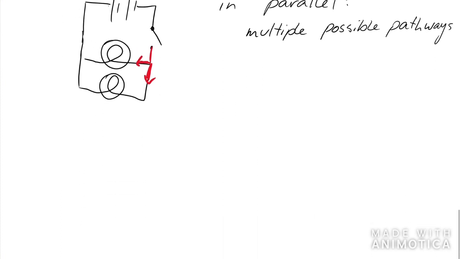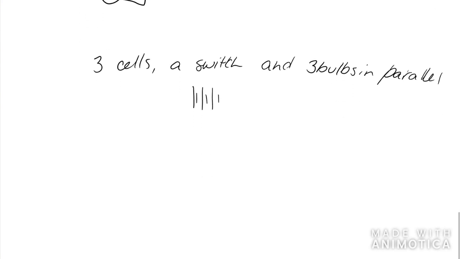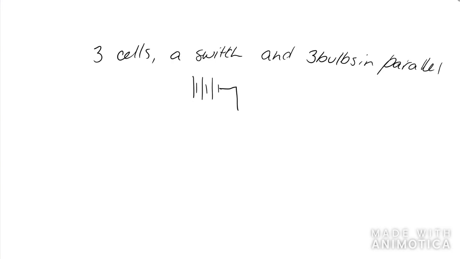You'll see questions that say things like, you have 3 cells, a switch, and 3 bulbs in parallel. So we have 3 cells, our switch, and then we have 3 bulbs in parallel.